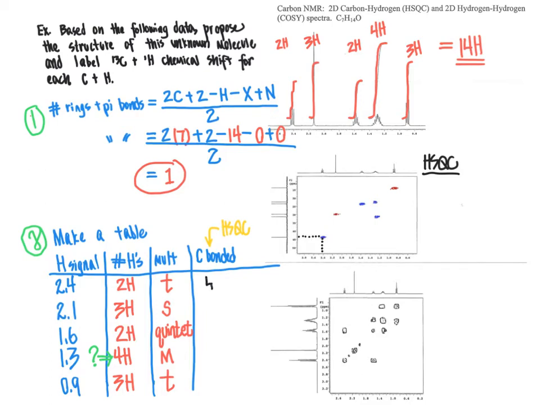So I'm going to fill in that we're bonded to a carbon atom here at 44 ppm. And then our 2.1 ppm signal, following that up to here, to where we see the signal, and then following that straight across takes us to about 30 ppm.